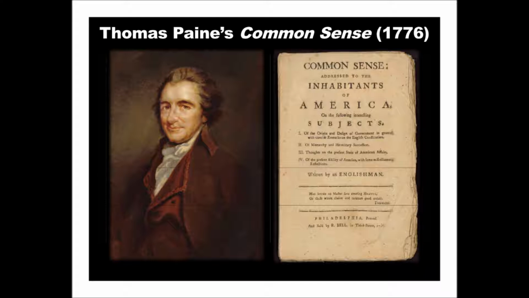It was a simple essay, 56 pages long in its publication form, and it was a psychological turning point in the push for independence, as Thomas Paine argued that the Americans had it in their power to create the world anew, that they had it in their power to become the freest people in the world. He called on Americans to remove the shackles that bound them to the mother country, bound them both physically, but more importantly, psychologically.